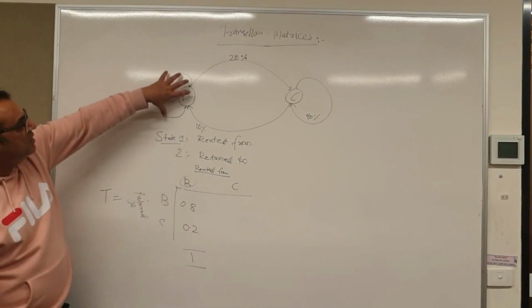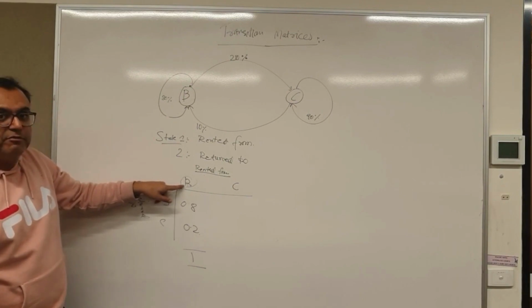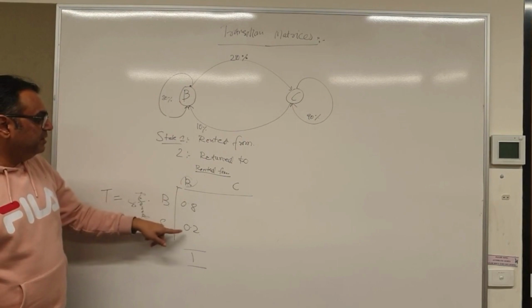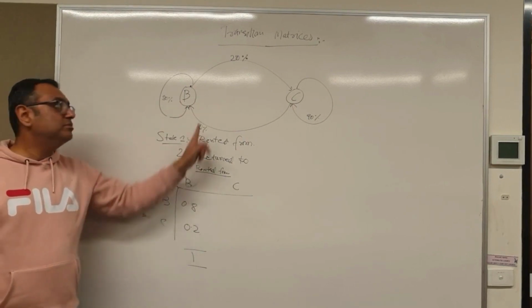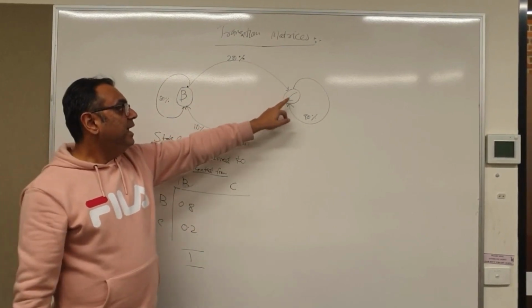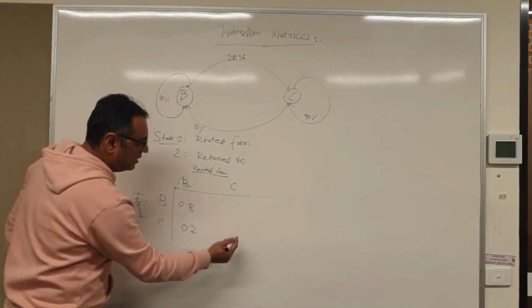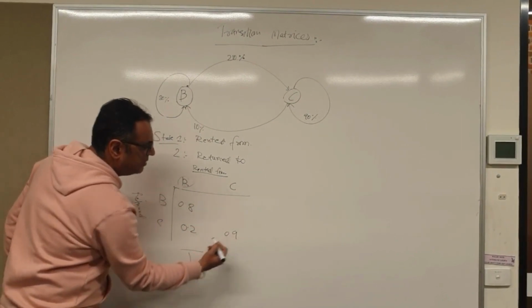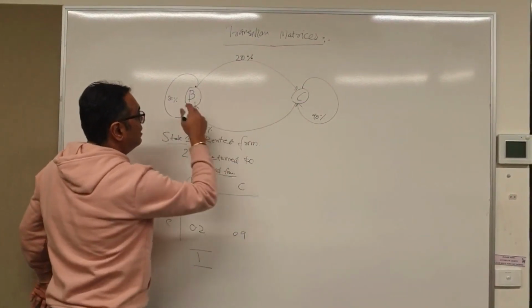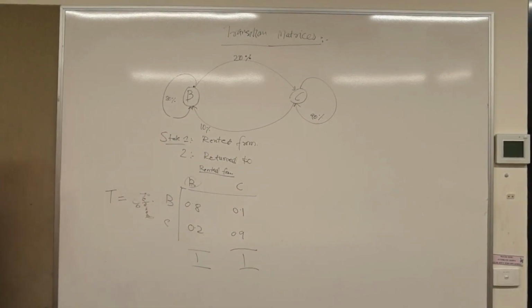This scenario represents Bendigo only. 80 is the loop, rented from Bendigo, returned to Bendigo, rented from Bendigo, returned to Colac. 20%. Let's go to Colac, this node. 90% Colac to Colac. Colac rented, returned Colac. 0.9. And this is remaining 10% come back to Bendigo. This should also add up to 1.